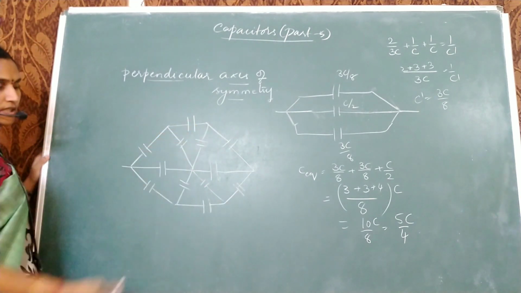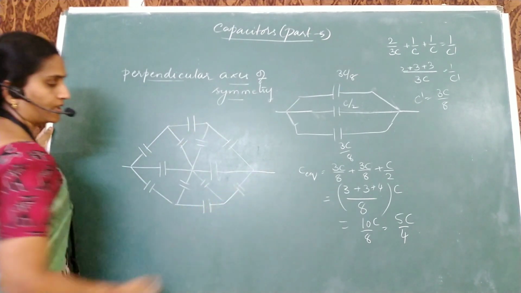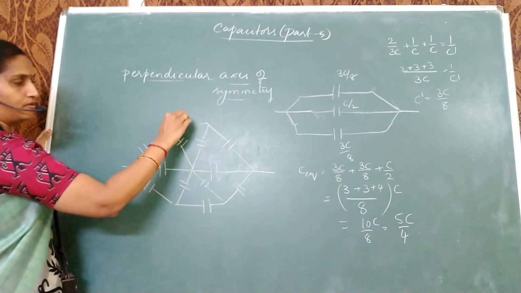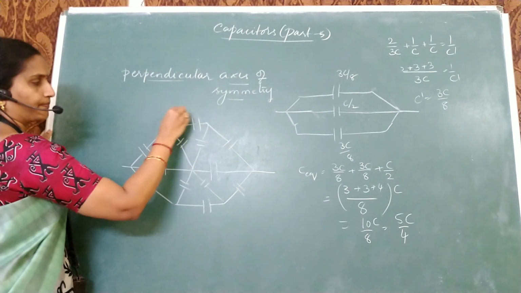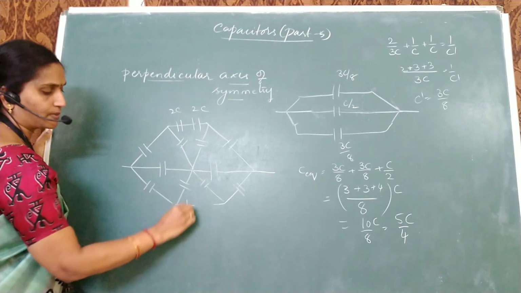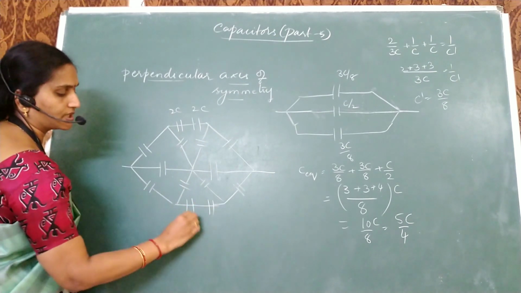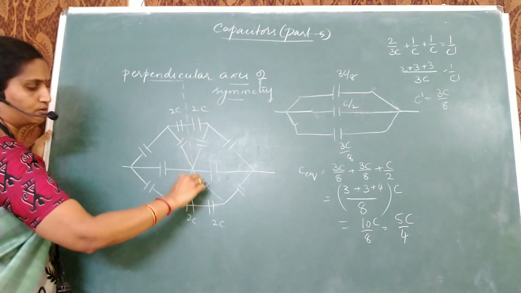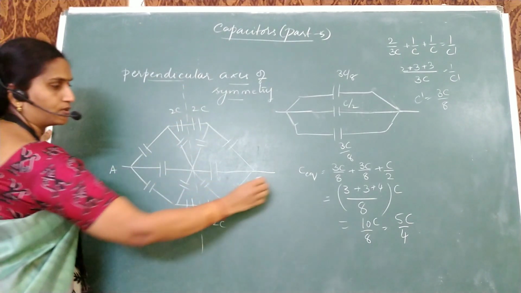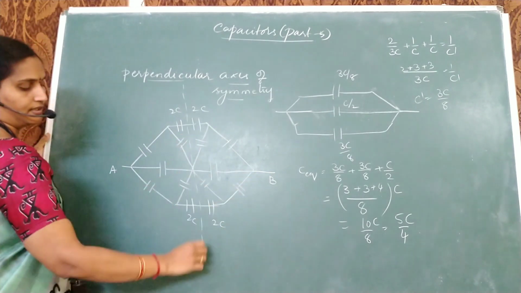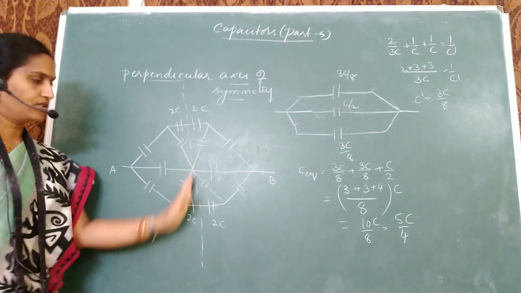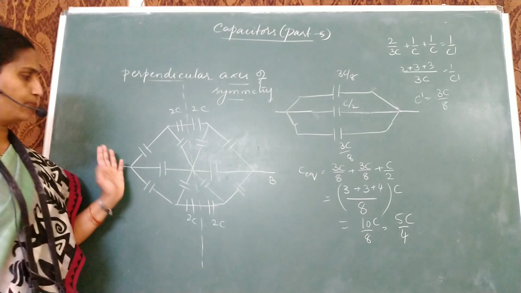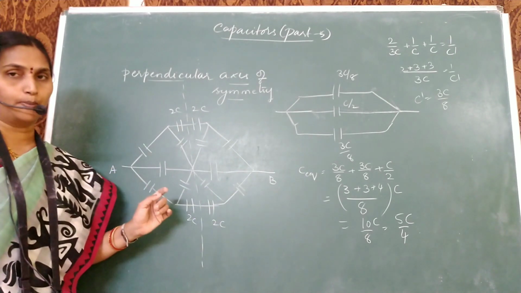The sum of all these capacitors, I have divided this into 2C and 2C. Here also we have separated it as two capacitors, 2C and 2C. If you draw a line perpendicular to the line passing through the power supply AB, this was symmetric about this line. That means the left part was mirror image of the right part.